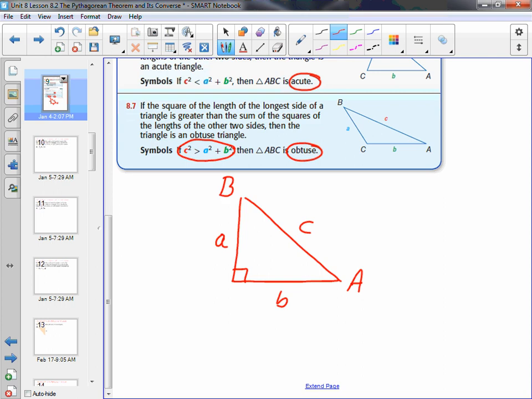That's a real common thing. When we get to trigonometry in a few days, it'll be important that you remember that. So, the side with the length of little c must be opposite angle C.